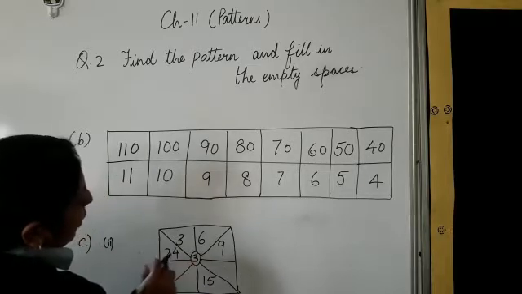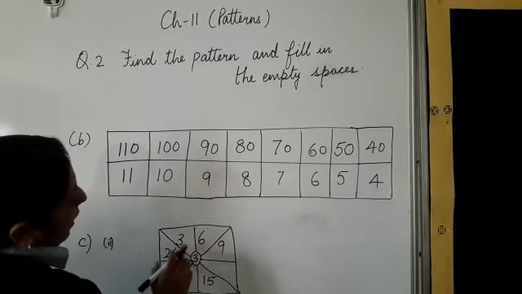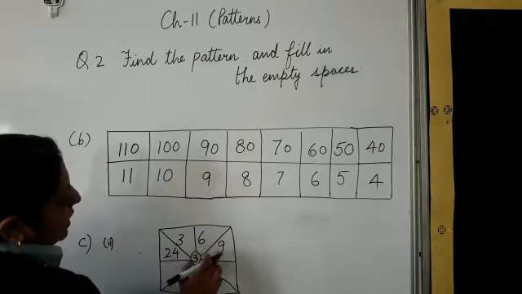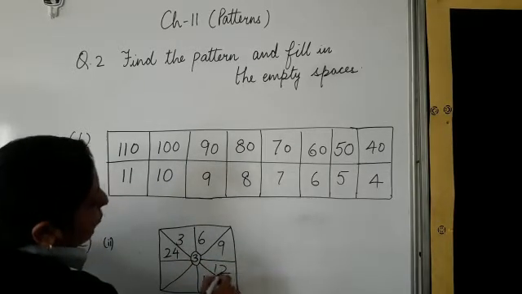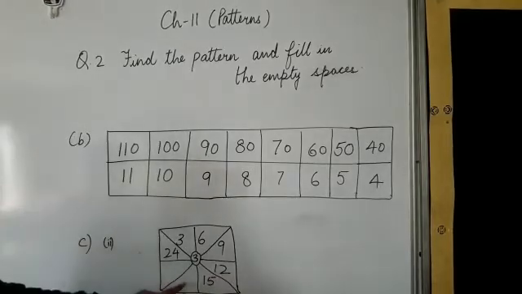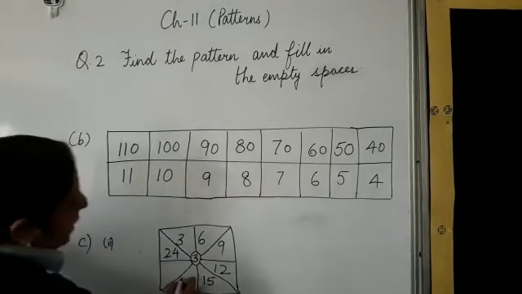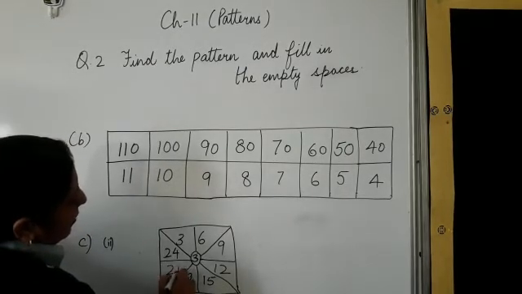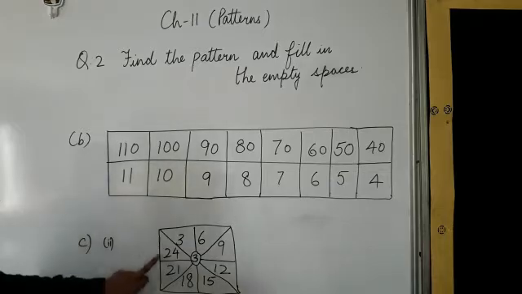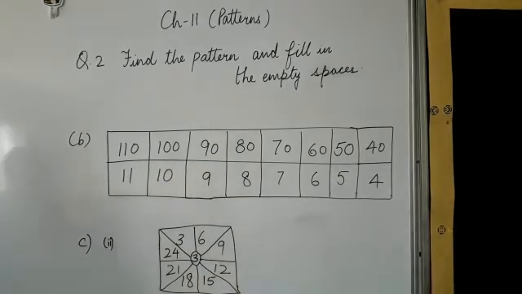You have already written over there 3 ones are 3, 3 twos are 6, 9, then 3 fours are 12. You have to fill in the blocks which are empty. 3 fives are 15 already written, 3 sixes are 18, 3 sevens are 21, 3 eights are 24 already done. This way you will complete the C question also.